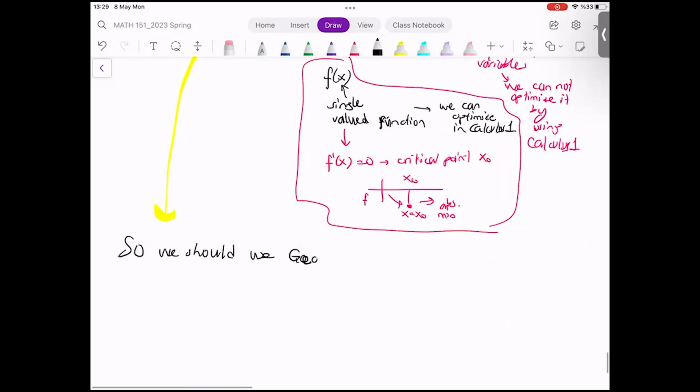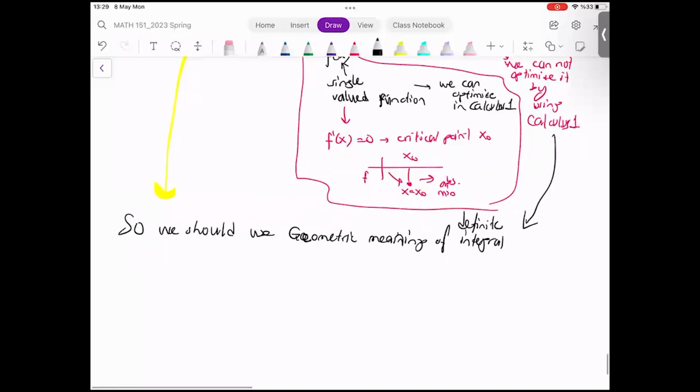So what about the geometric meaning then? The integral of x to the power 4 minus 2x squared dx.